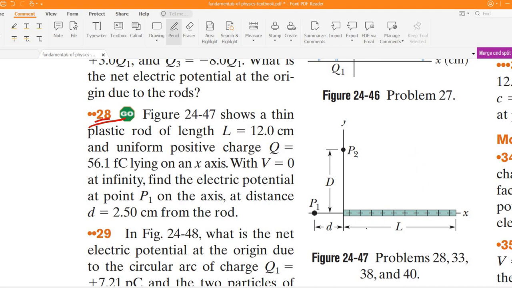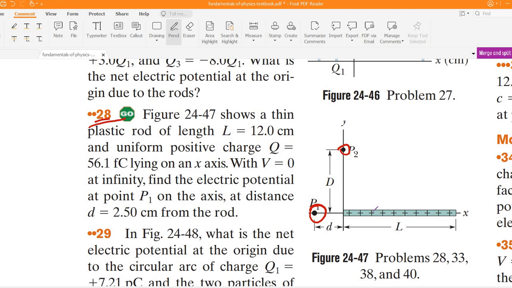So we have again a finite plastic rod of finite length which is uniformly charged as well, and this P2 point is again on top of one of the ends, and there is a P1 point, and the P1 point lies along the line on which the charged rod lies as well.